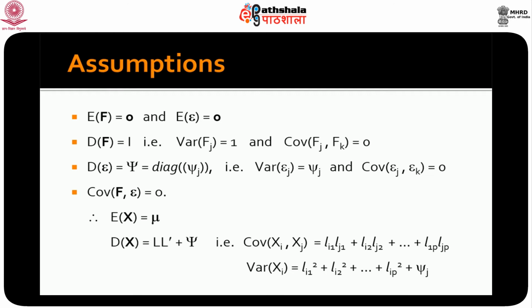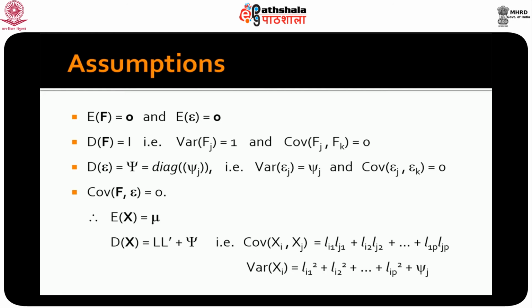The second assumption that we make is that the covariance of f is equal to the identity matrix, that is, the variances of the fj's are equal to 1 and the fj's are uncorrelated among themselves. So, the covariance is 0. It is a diagonal matrix with all the diagonal elements equal to 1. We assume that the covariance of epsilon is psi, which is a diagonal matrix.